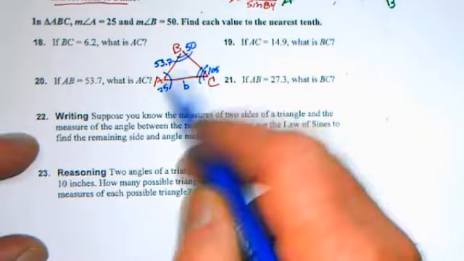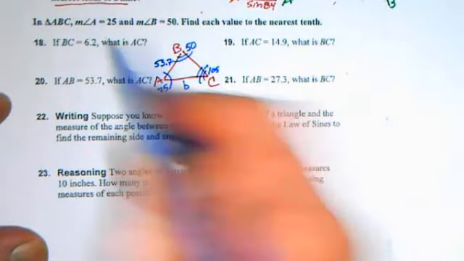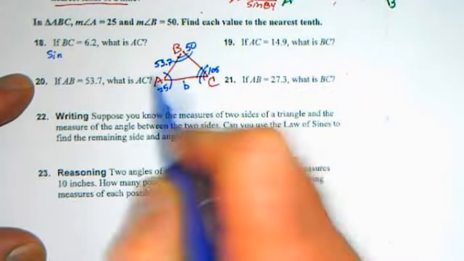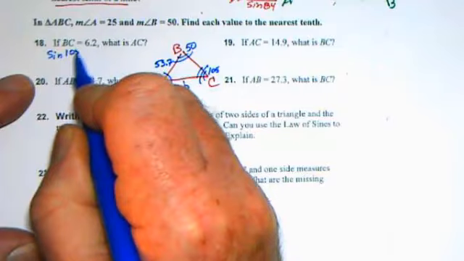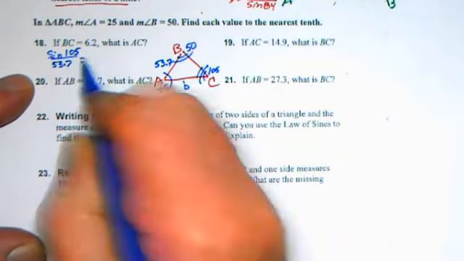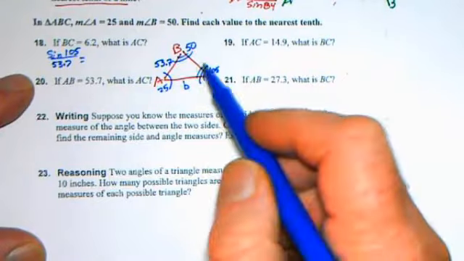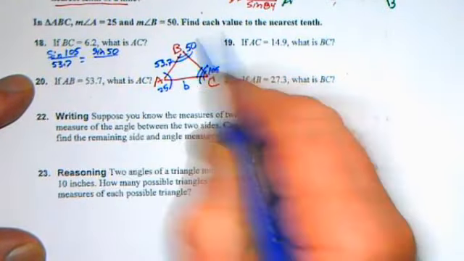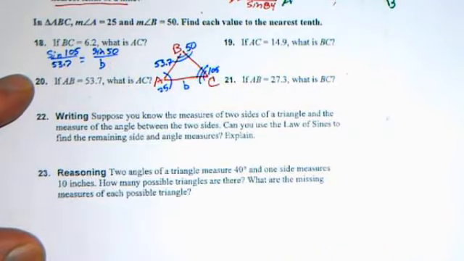We had to use the triangle sum to calculate that 50. So I want to set the ratios up. Sine of 105 over 53.7 is equal to sine of 50 over b, which is AC.